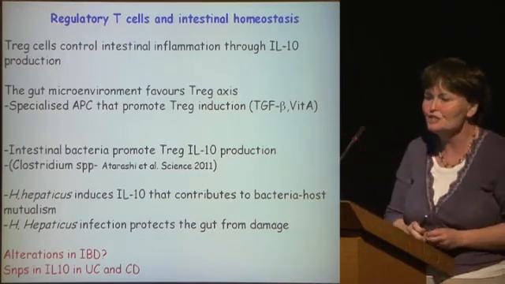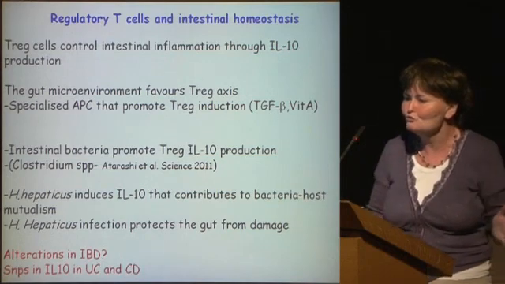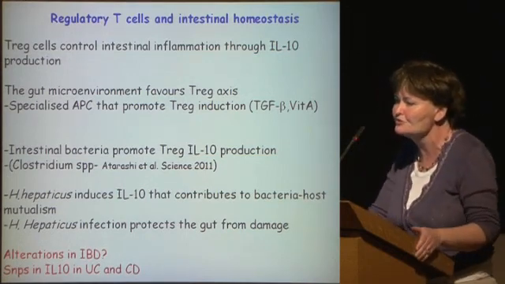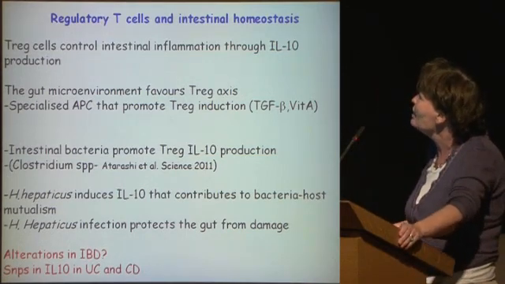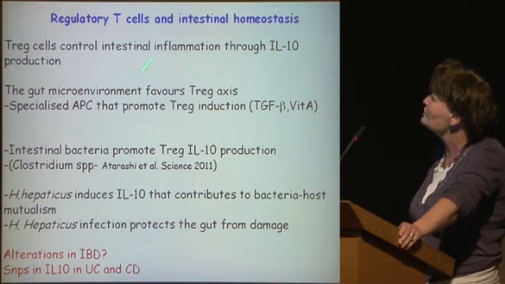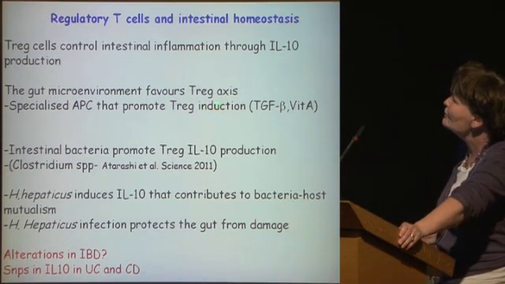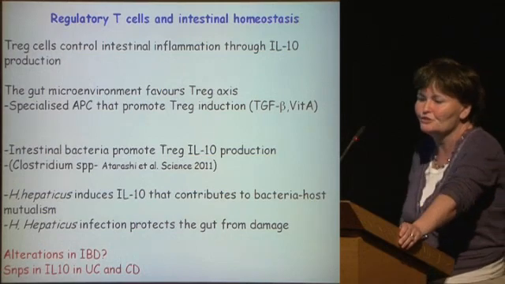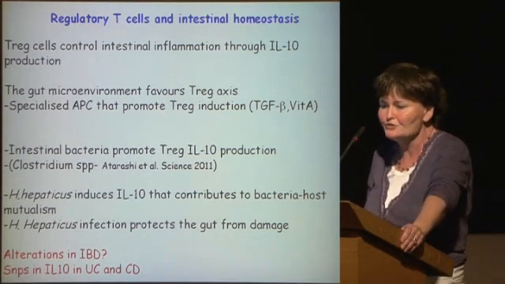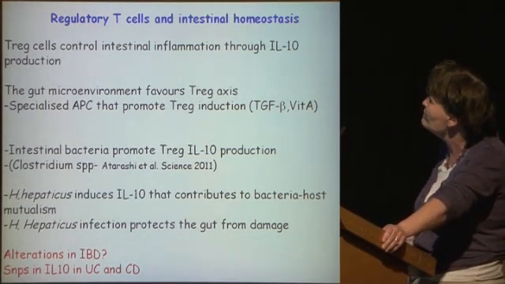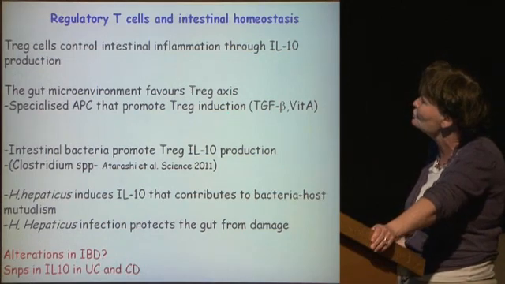So regulatory T cells, I think, play an important role in intestinal homeostasis, in part through their ability to produce interleukin-10. The gut microenvironment favours the regulatory T cell axis. There are specialised antigen-presenting cells that promote regulatory T cell induction.